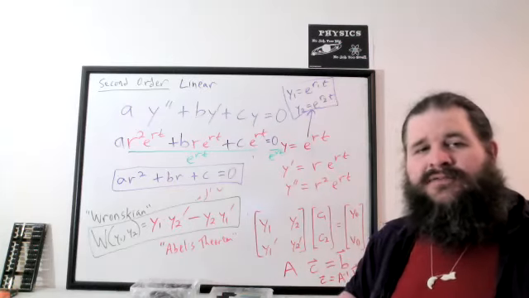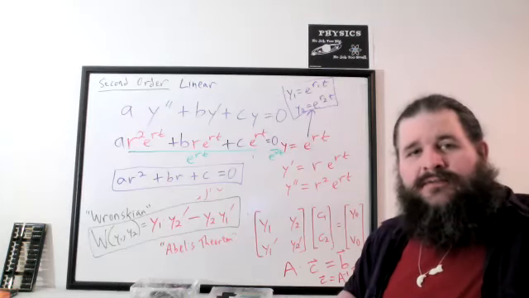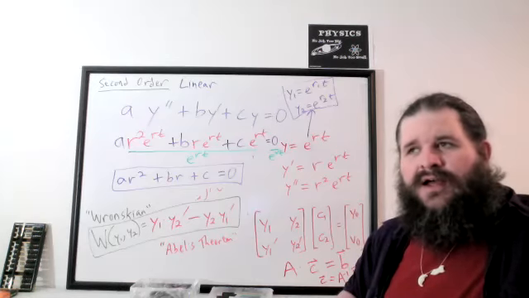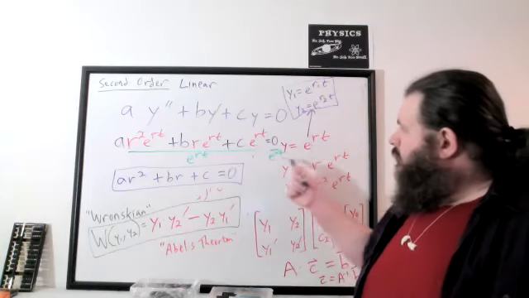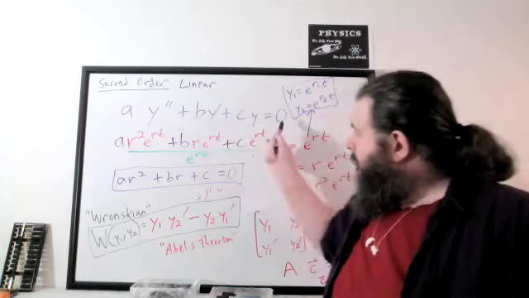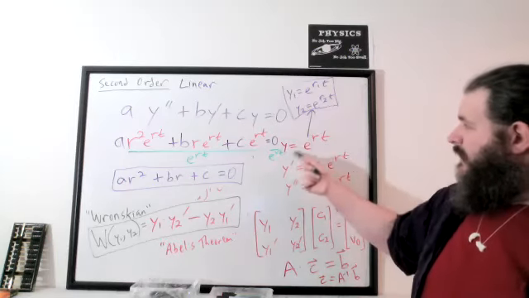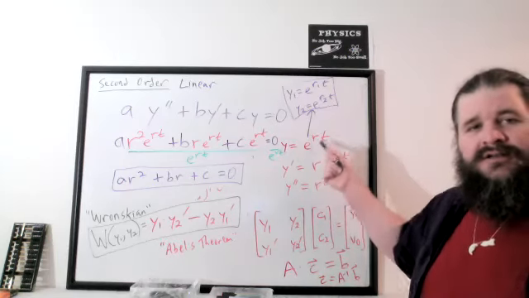But this is generally how we solve second order linear differential equations with constant coefficients and homogeneous, of course. You write it out in this format, ay double prime plus by prime plus cy equals 0, as long as a, b, and c are constants. Start with the guess that y equals an exponential function, e to the rt.